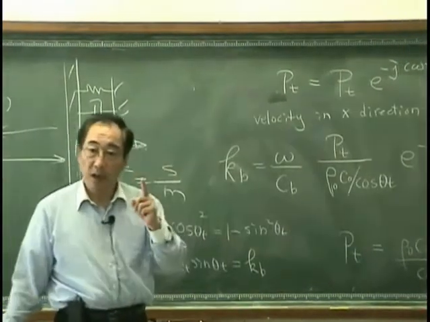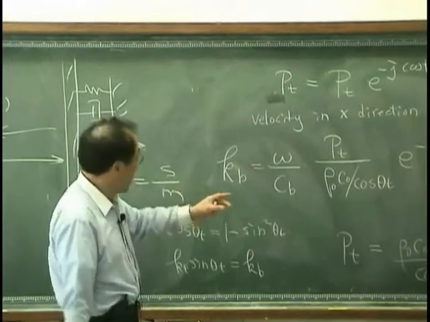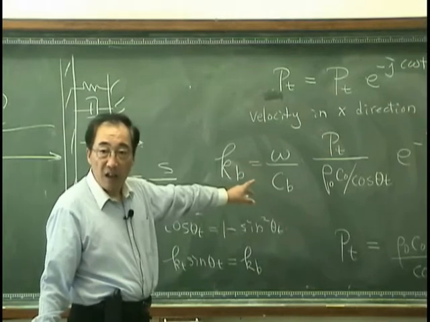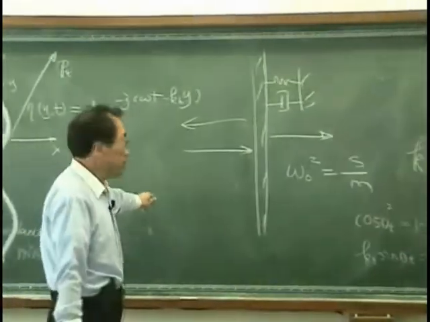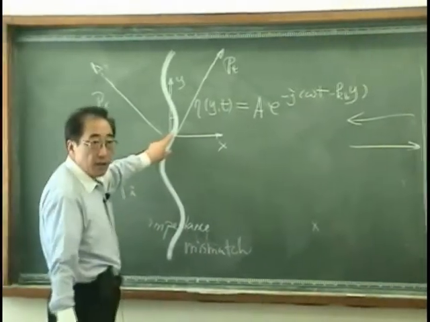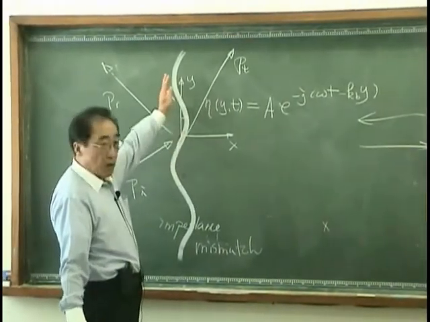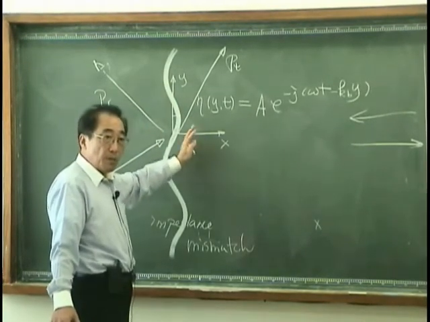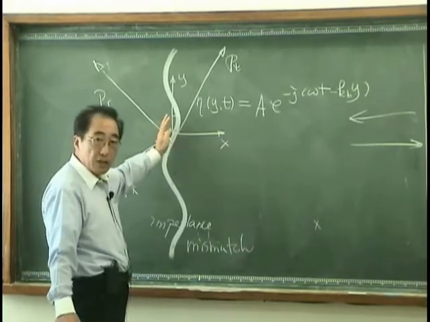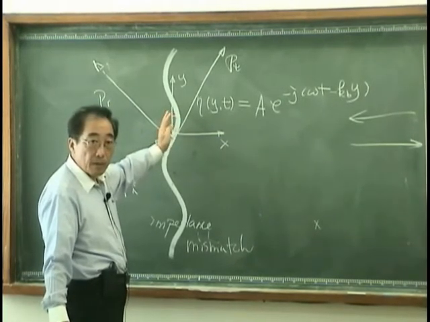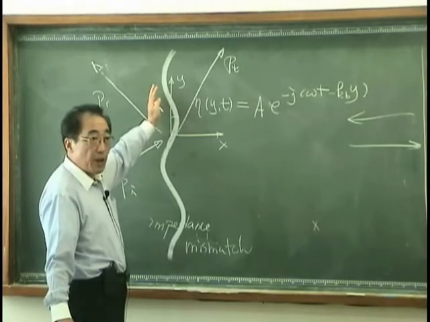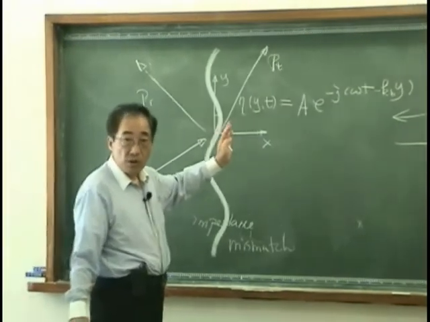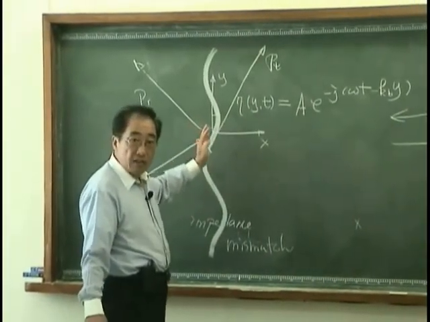That's one point. And then the other point is that there is a very interesting phenomenon that essentially comes from the requirement that the trace wave number in y direction in the medium as well as on the plate has to be the same. So kB has to be the same as k0 sine theta 0.